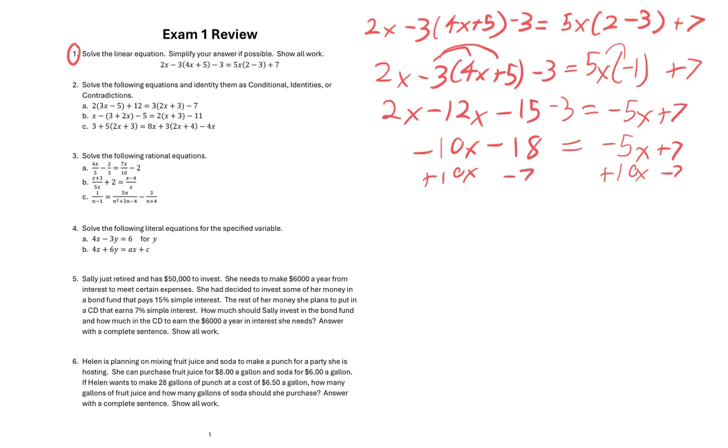So with that, our left side is going to be negative 25, equal to 5x. Divide both sides by 5. That means that we know x is going to be equal to negative 5.